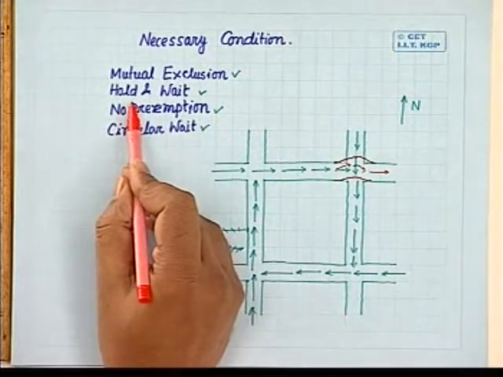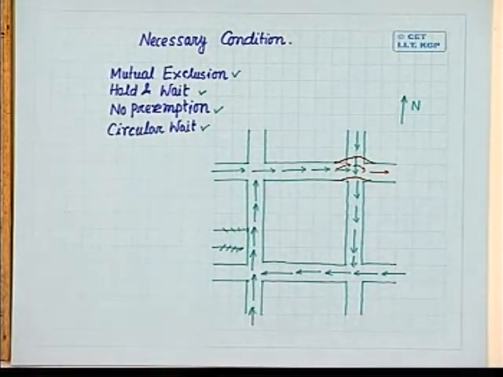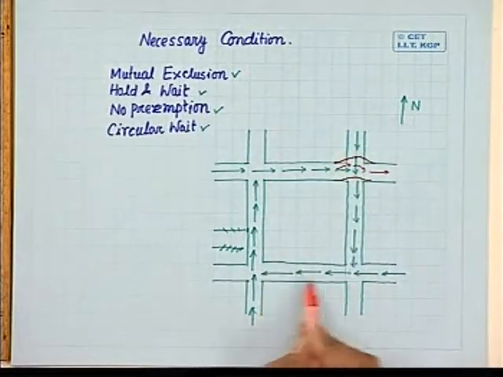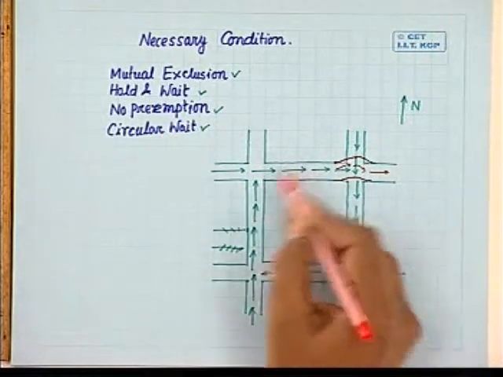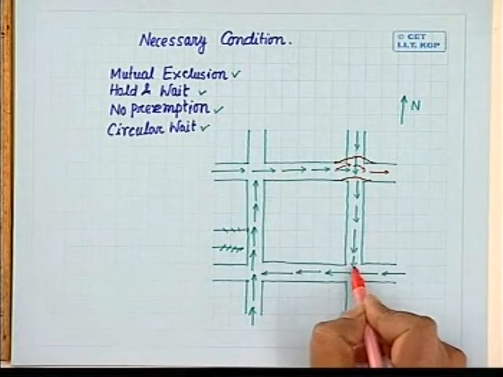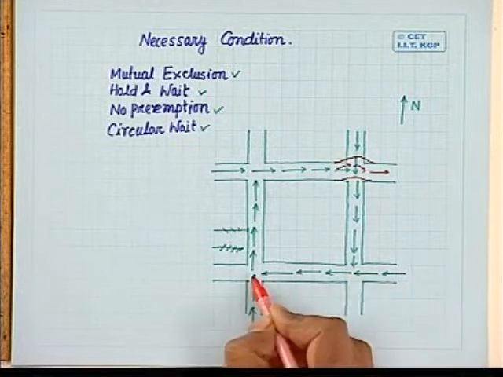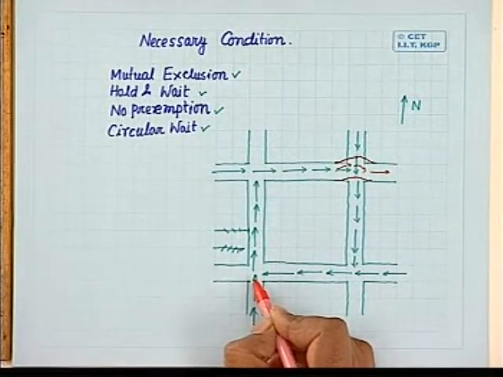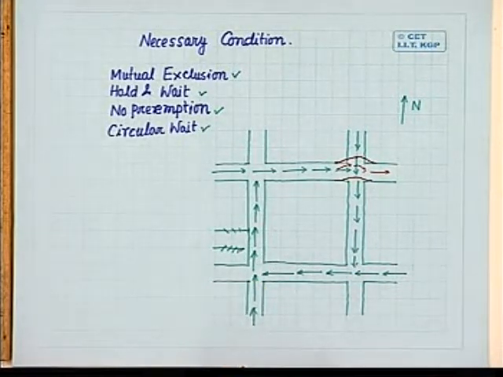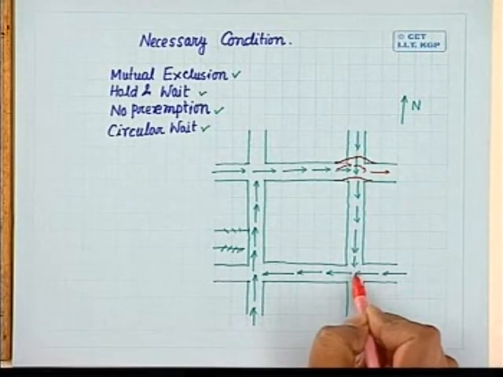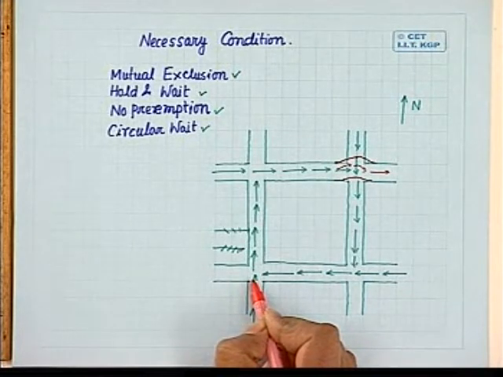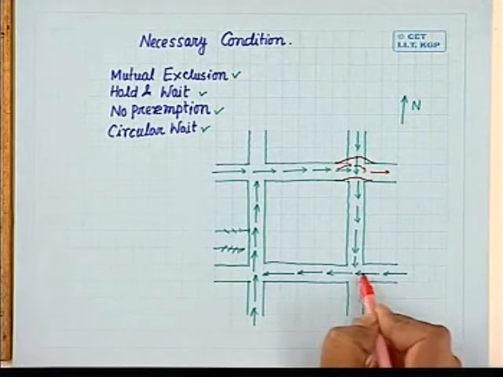Similarly, how can I avoid hold and wait? If I take this traffic, why has it led to deadlock? Because it is holding this junction and waiting for this junction to be free. Instead of doing this, if I impose a condition that this traffic can hold this junction only when this junction is free, otherwise it cannot hold this junction.